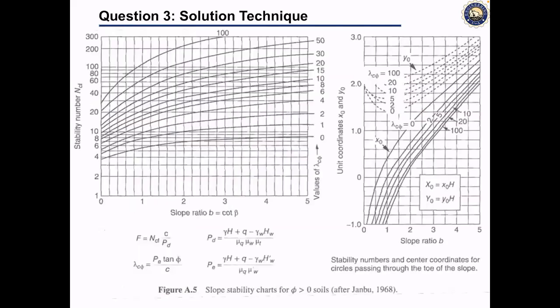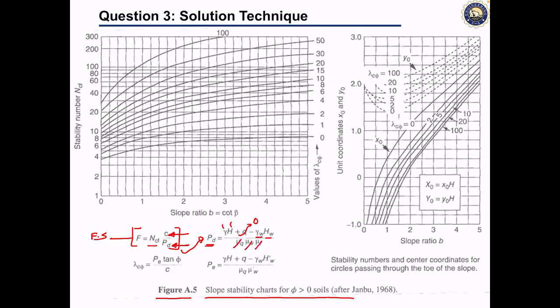Now, on figure A5, which is the slope stability chart for phi greater than 0 soil, we have this equation of the factor of safety, F, that we need to determine, where we need N subscript CF, this C coming from the cohesion, and this parameter P subscript D. P subscript D we find using this equation, where we know gamma, we know this height, we know there is no surcharge, we know gamma W, we know HW, we know these factors.